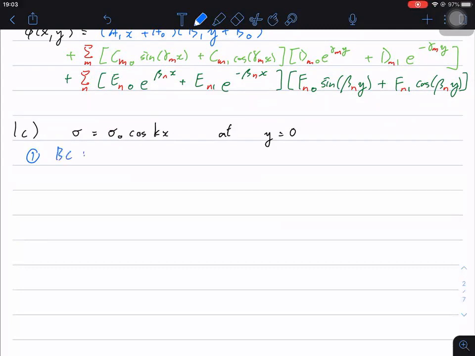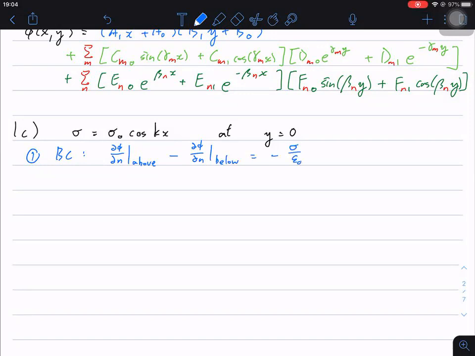So first of all, for the boundary condition, the difference of the derivative of the electric potential is equal to minus sigma over epsilon naught.